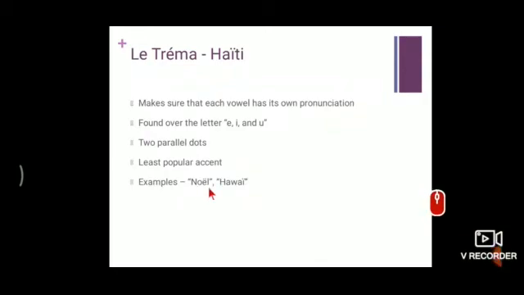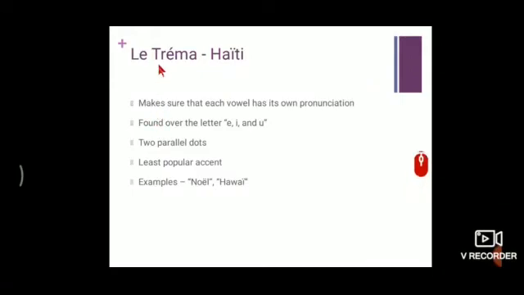Noël, Noël. So this straight E sound, for example this E in French, will sound different, but when you have this tréma, you give the pronunciation of E itself. Noël, Noël. Haï, haï, haï. So the proper I sound.